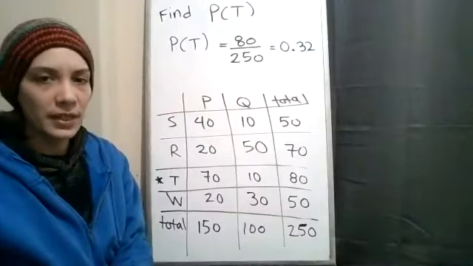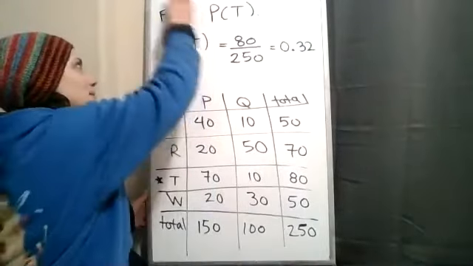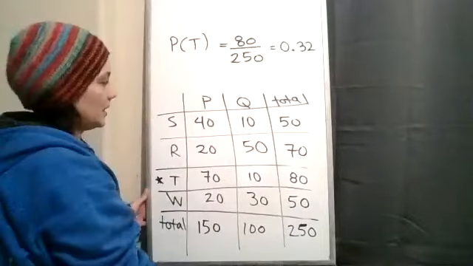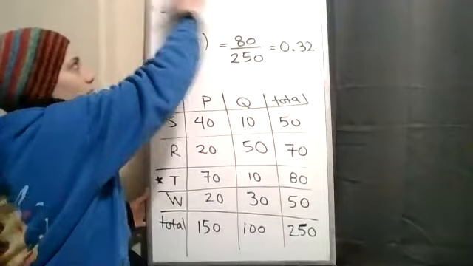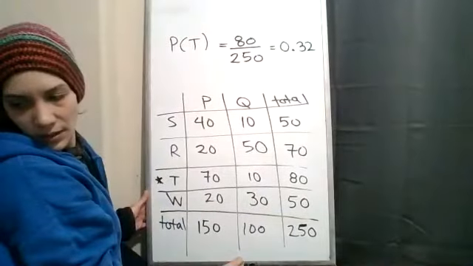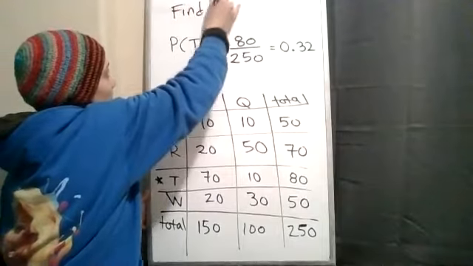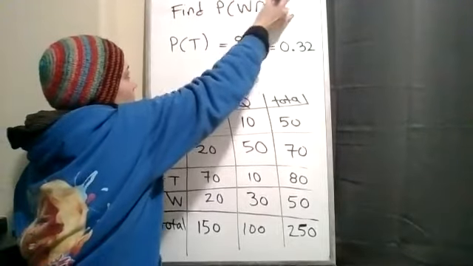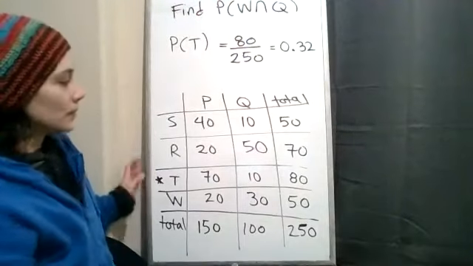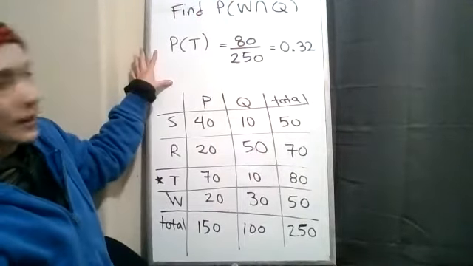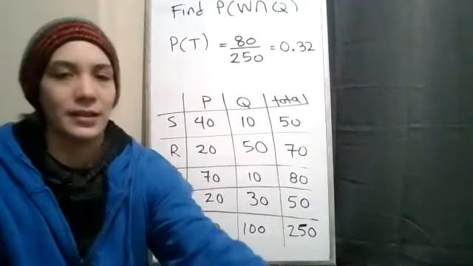Let's find the probability of W and Q. Let's call this part A and this part B. Unfortunately the table takes up a lot of the whiteboard.